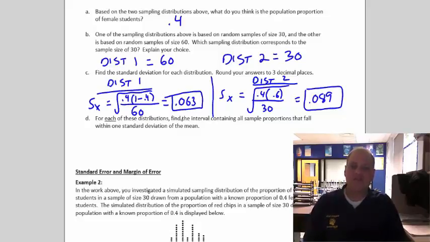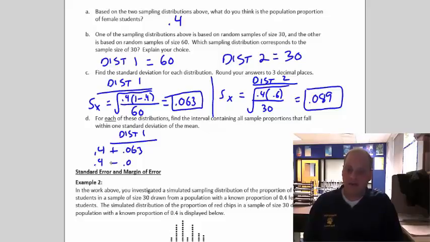And for each of these distributions, find the interval containing all sample proportions that fall within one deviation of the mean. So for distribution 1, we got 0.4 as our proportion, and we're going to add our standard deviation, 0.063, and then do 0.4 minus the standard deviation of 0.063.